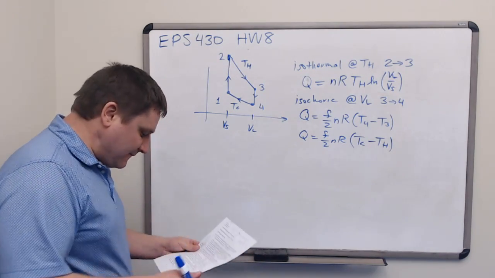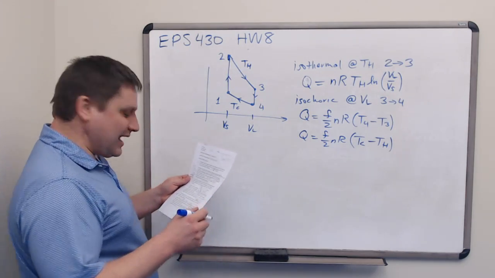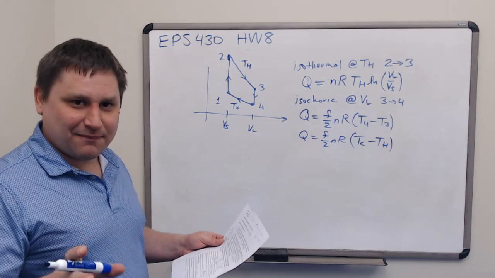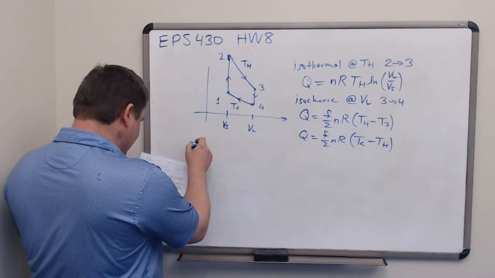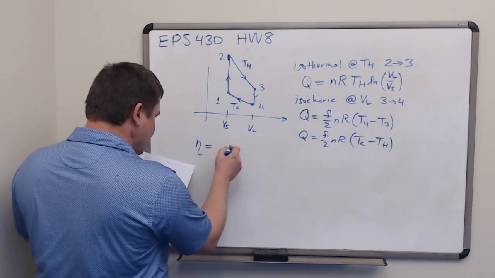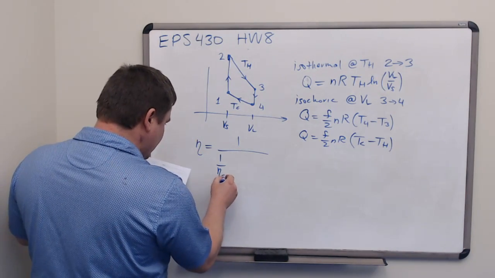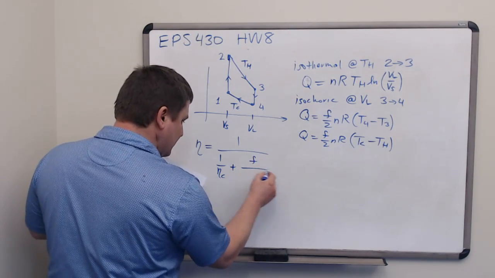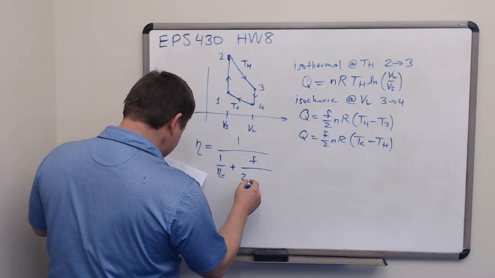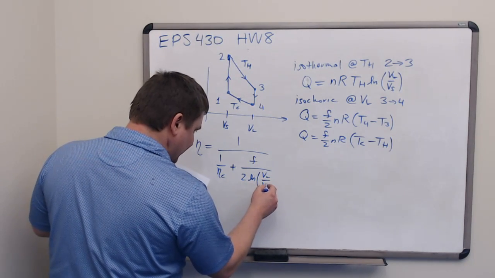Okay. So the answer for question 2, I apologize for having two part C's here, but the answer for question 2 for the efficiency was 1 divided by 1 over the Carnot efficiency plus F degrees of freedom over 2 times the natural log of the large volume divided by the small volume.